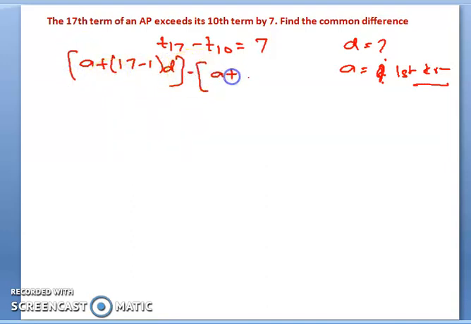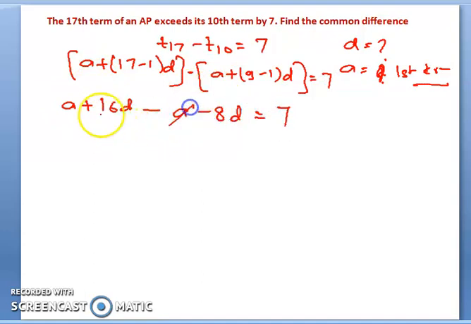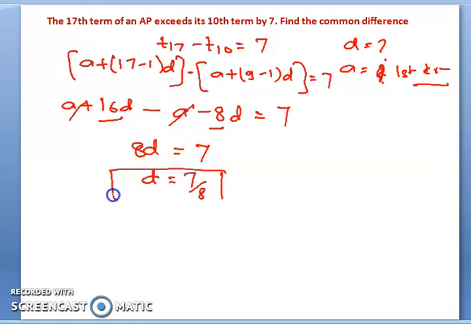In this case also A and then T10, so this we can write (10 minus 1) into D is equal to 7. Now A plus 16D, will open the bracket, A minus 9D is equal to 7. This and this got cancelled. 16 minus 9 is 7D is equal to 7. So D is equal to 7 upon 7, which is equal to 1.